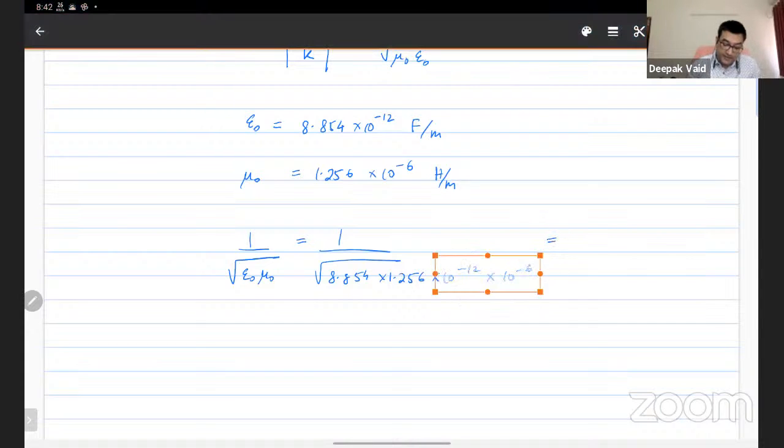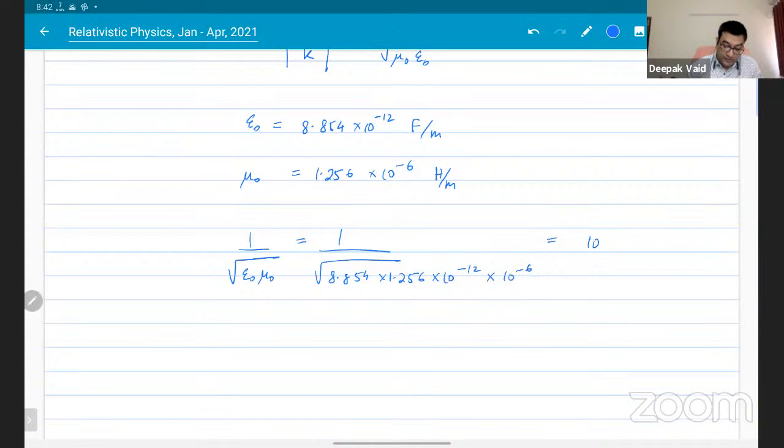This becomes 10 to the minus 18. When I take the square root, I get 10 to the minus 9, and I can put that in the numerator to get 10 to the 9. In the denominator, I have 8.854 times 1.256.